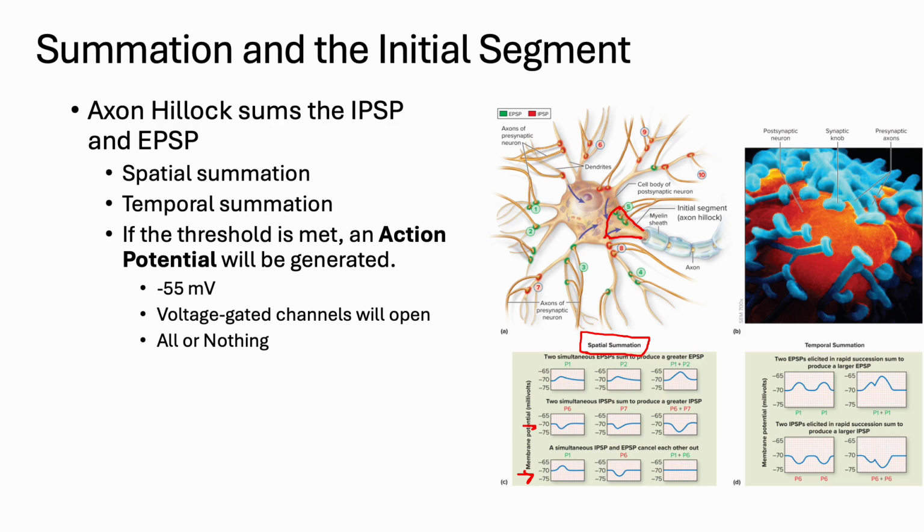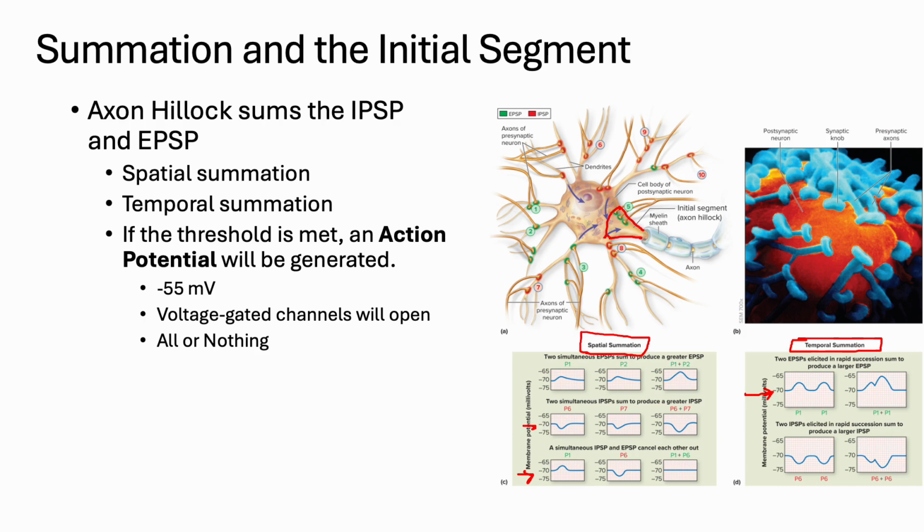Now, the temporal summation is when one presynaptic neuron is sending multiple signals in a short period of time. So we see here in the first diagram, two EPSPs in rapid succession from the same presynaptic neuron, and those can be added together to lead to a greater likelihood of depolarization of the membrane.